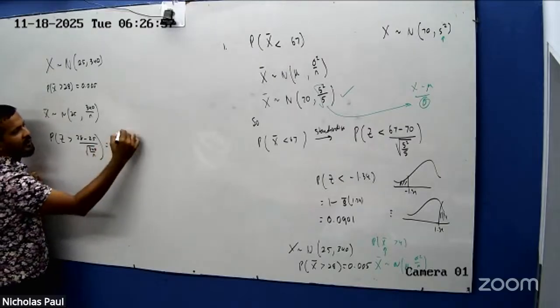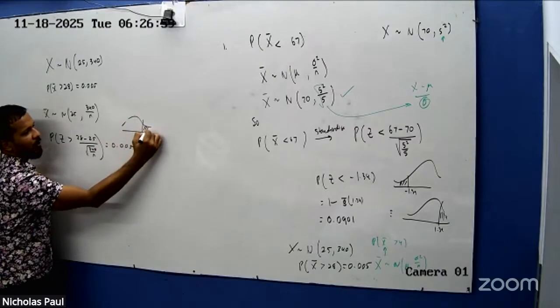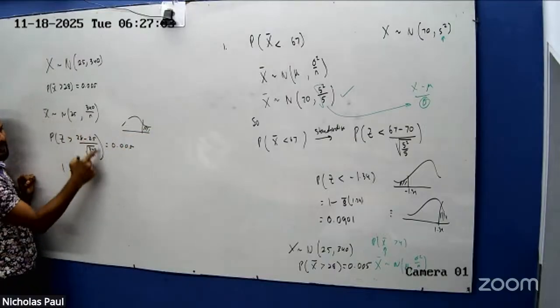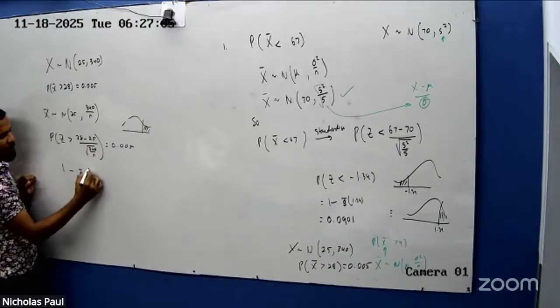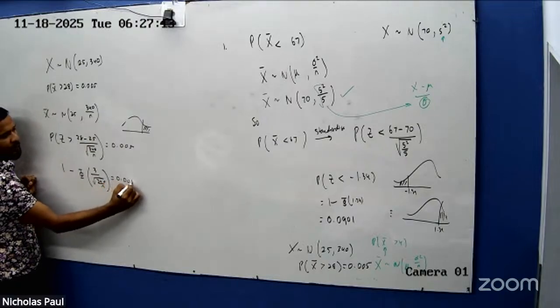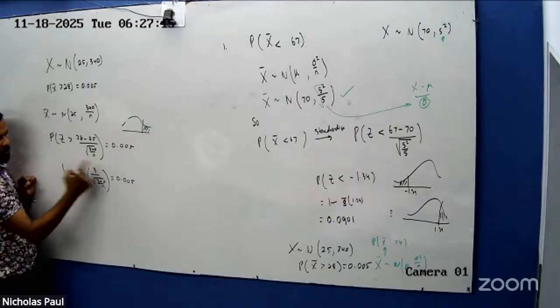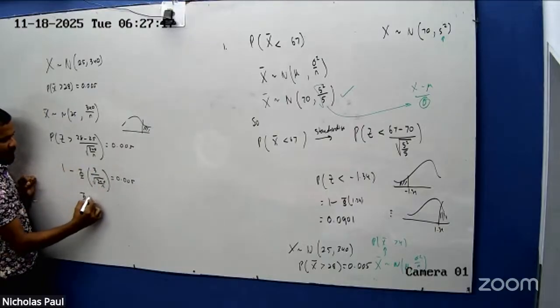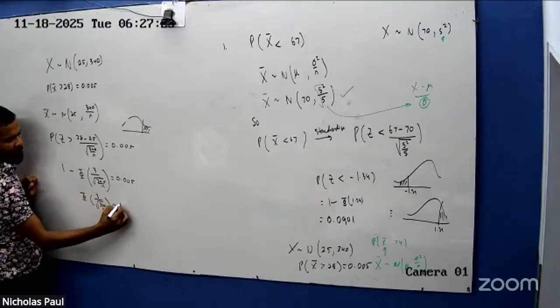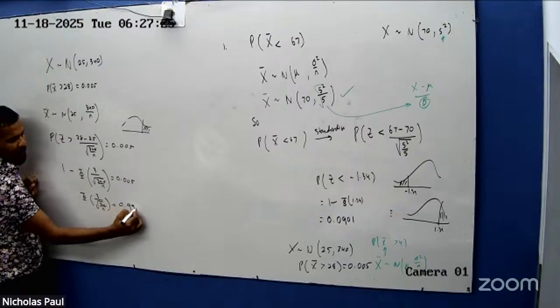Because it's more than and the value is so small, we know it's positive. So 1 minus phi of 3 over the square root of 340 on N is equal to 0.005. You can move across, and you'll get phi of 3 over square root 340 on N is equal to 1 minus this, which is 0.995.